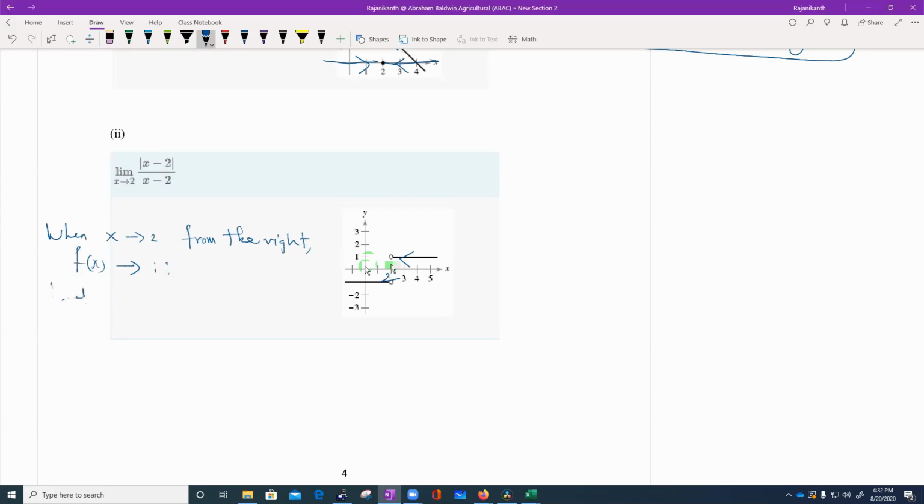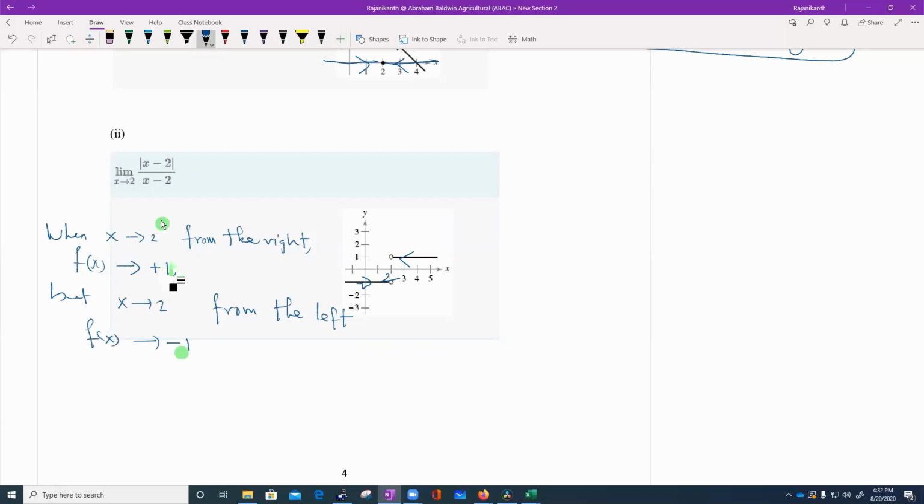But when x approaches 2 from the left, the function value f(x) approaches here, this is from the left. The function value is always the y value, which is -1. So from the right you are getting +1, from the left you are getting -1. These two are different numbers, right?